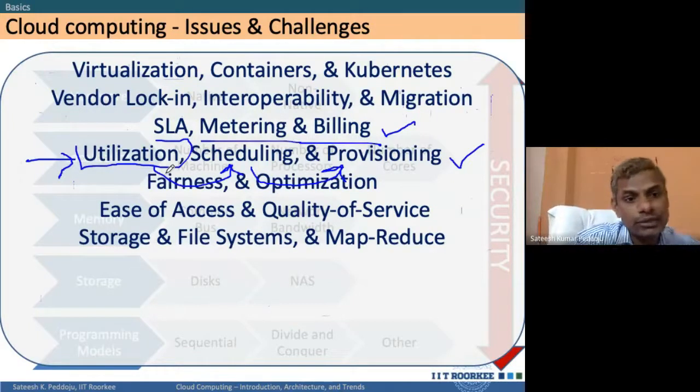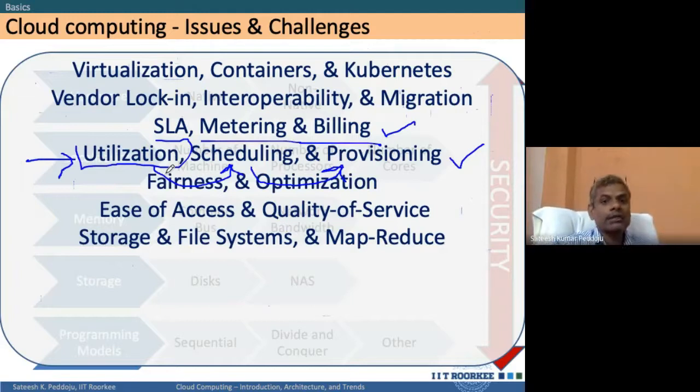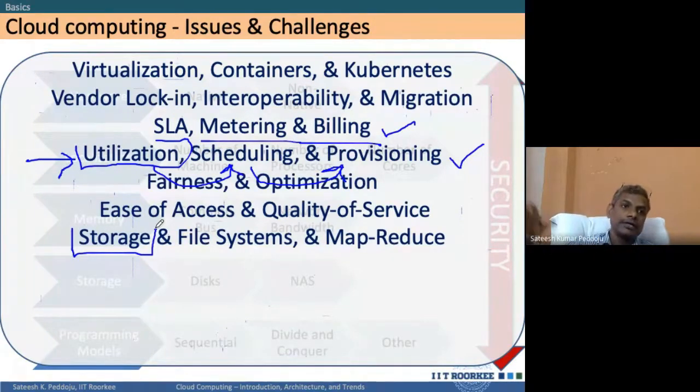Another important concern is what storage mechanisms you are adopting. In the olden days we used to have block storage and file storage. Now we are talking about object storage. So different types of storage mechanisms are there. Which storage mechanism are you adopting?